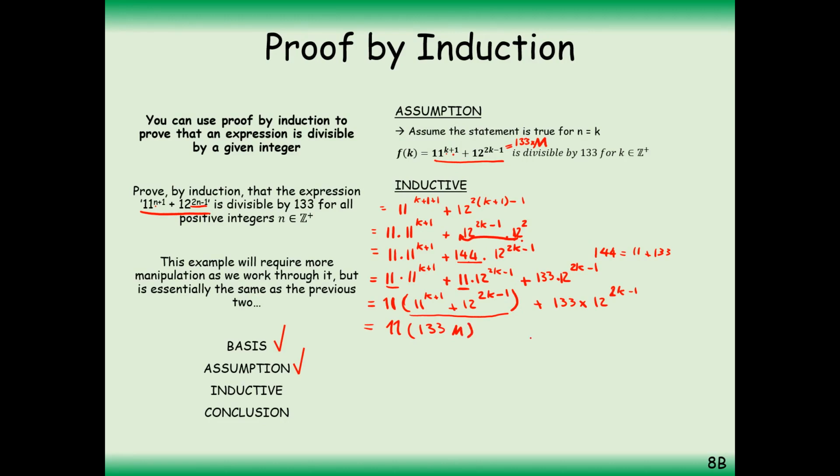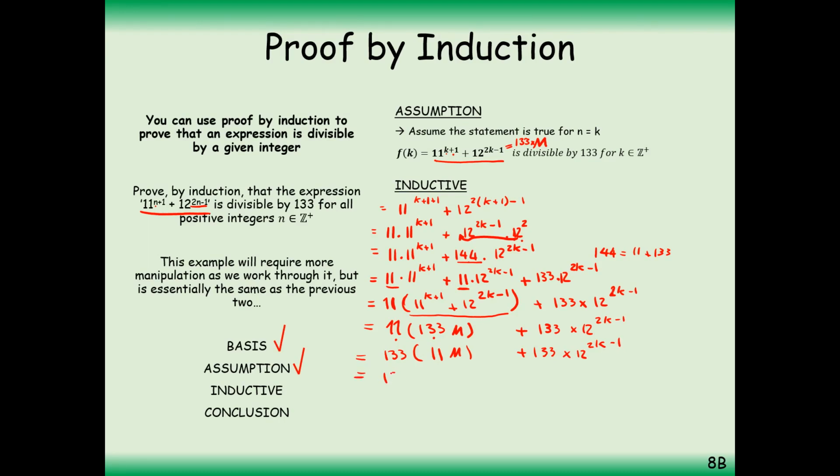133m by assumption, and we have yet another 133 in front of 12 raised to the power of 2k minus 1. So basically, instead of multiplying this number out, I'm just going to bring out 133 and put 11 inside the bracket, multiplying that bracket. And let me rewrite this. I'm going to take my time and write everything in as many lines as it takes.